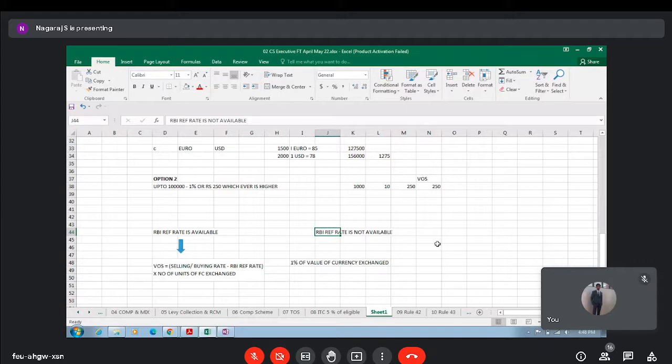Okay. Third one. If rupee is not involved in exchange. If rupee is not involved in exchange, that means you are exchanging US dollars for UK pound. There is no rupee involved, right?